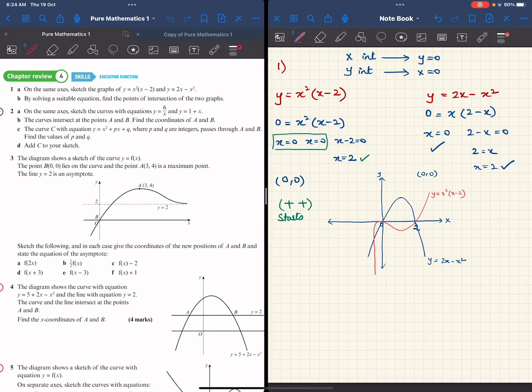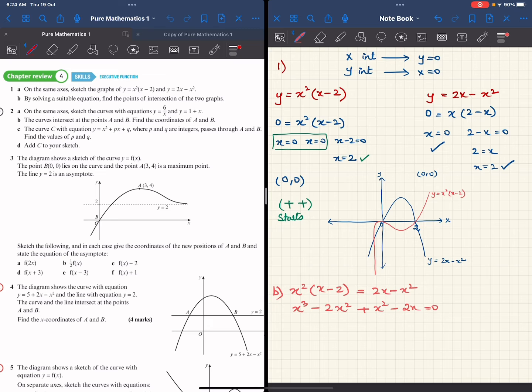So we have x squared into x minus 2 is equal to 2x minus x squared. So we can open the bracket here. We have x cubed minus 2x squared plus x squared minus 2x is equal to 0.